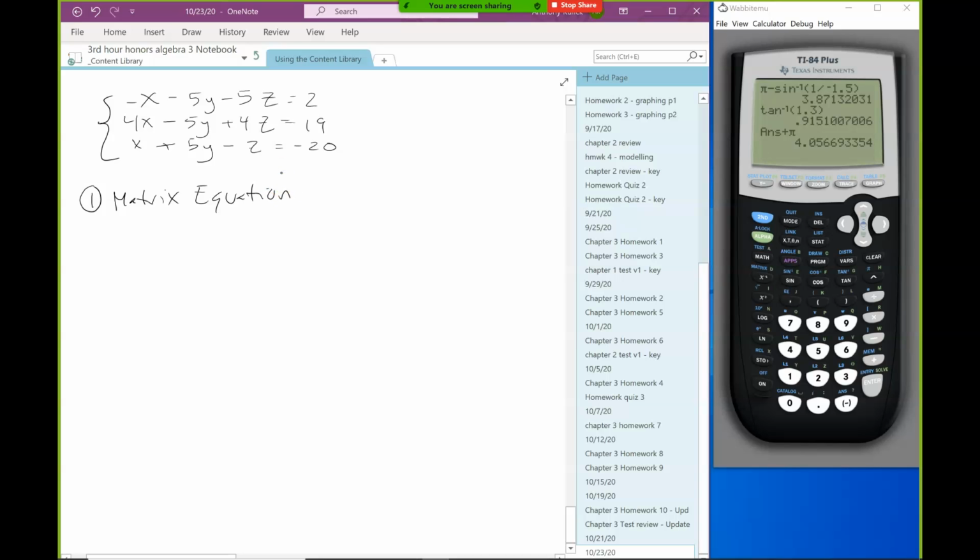So we'll do this with a matrix equation to start with. So we'll start by writing a matrix equation. Even if I asked you to use your calculator to do this, I would expect to see this step for the setup.